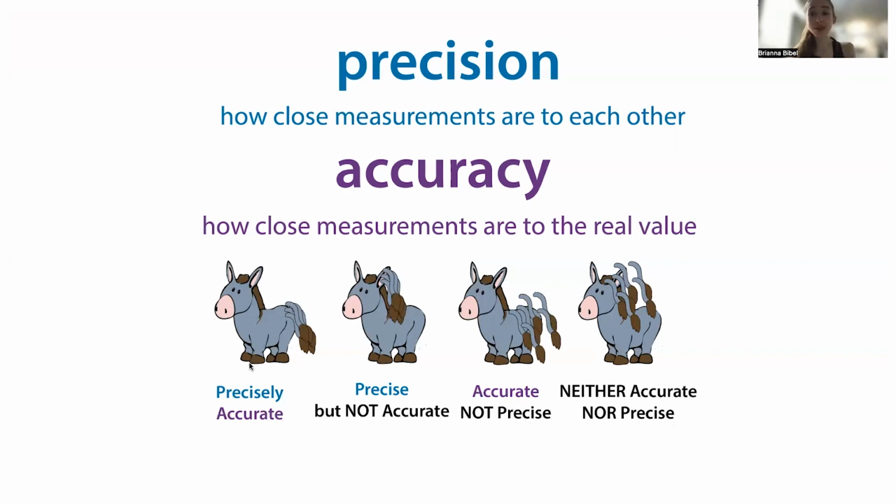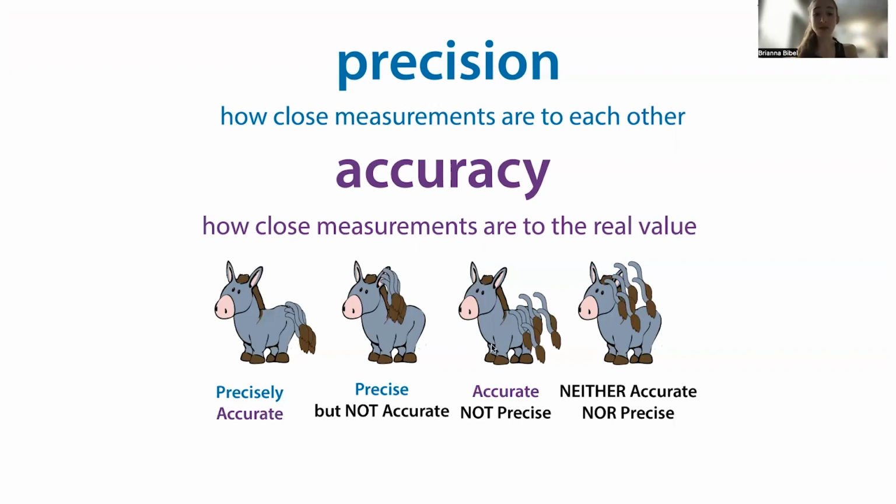But what if you have really good aim, but you were totally wrong about where that bottom was, and instead you actually are putting all your tails on the ear. Well, these tails are all going to be really close together, so your measurement is going to be precise, but it's not going to be accurate because you're far away from the true location.